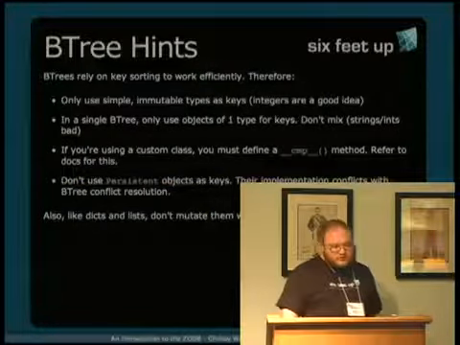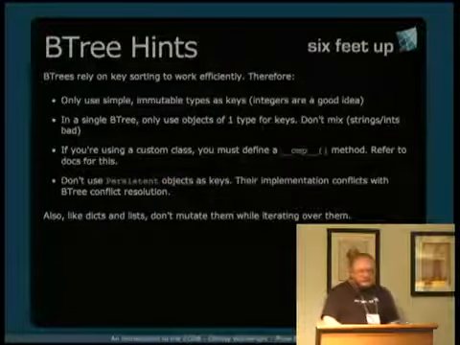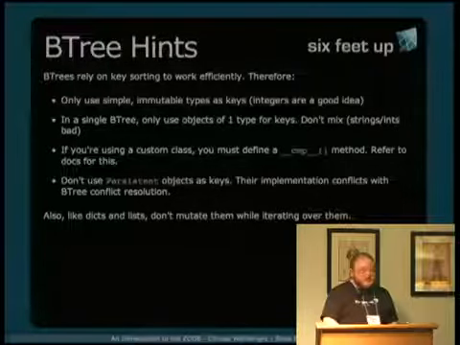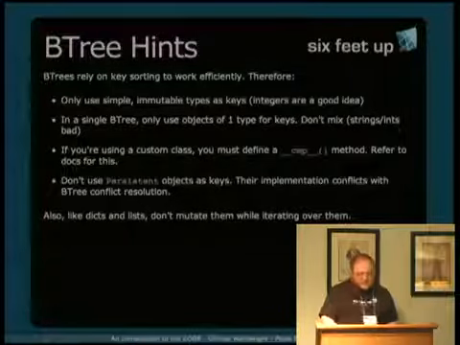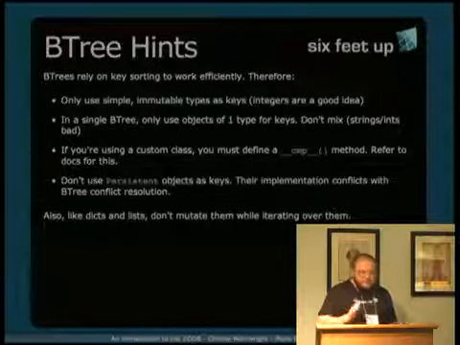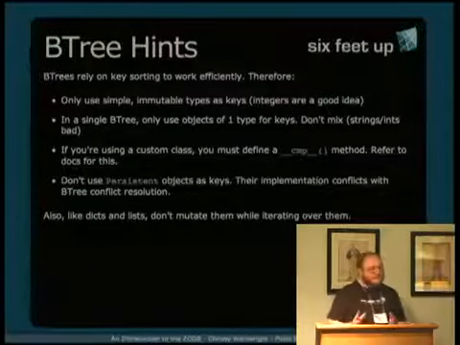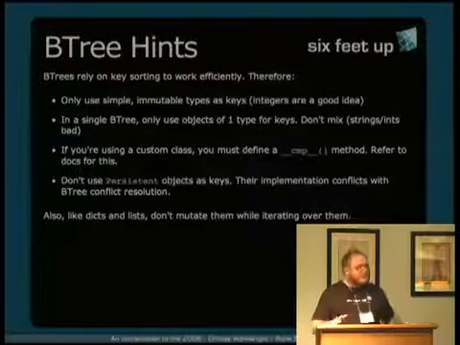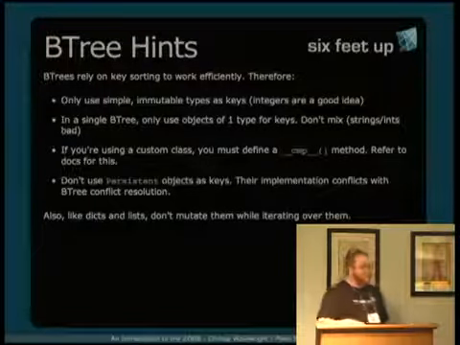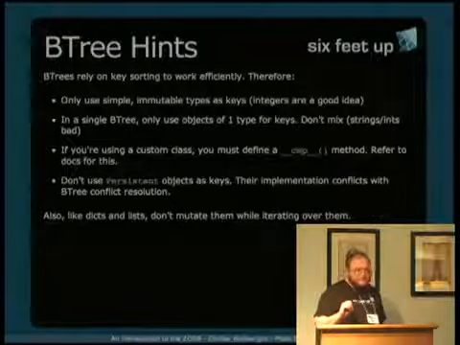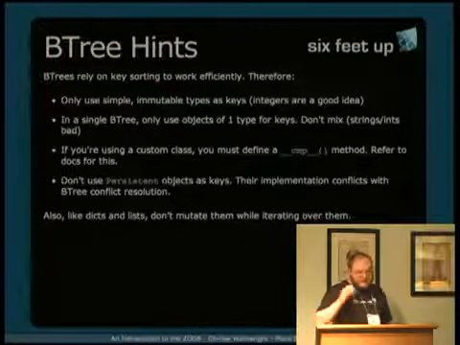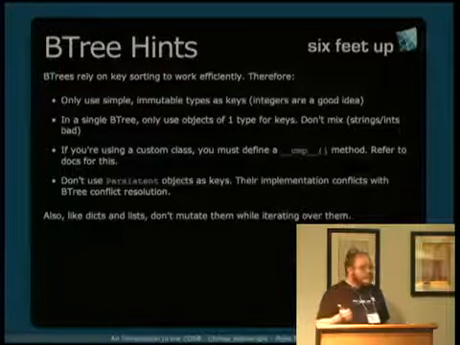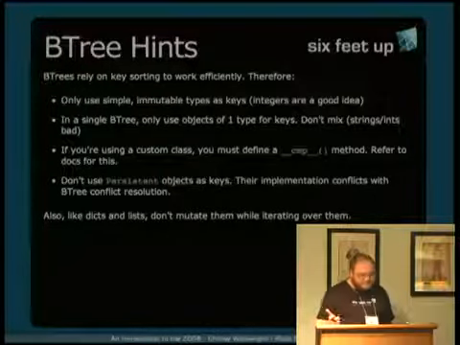So there are some gotchas that you need to be aware of if you're manually building BTrees. You want to use only really simple and immutable data types as your keys. So there's a reason that they have those IOBTrees, so that the integer is the key. They don't take up a whole lot of space, and they're very easy to compare.